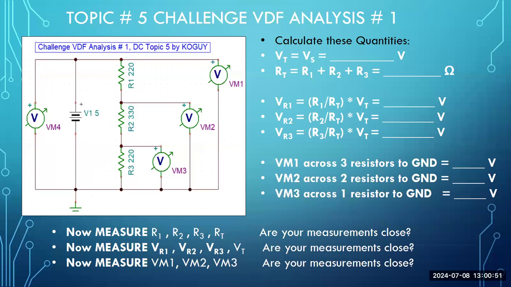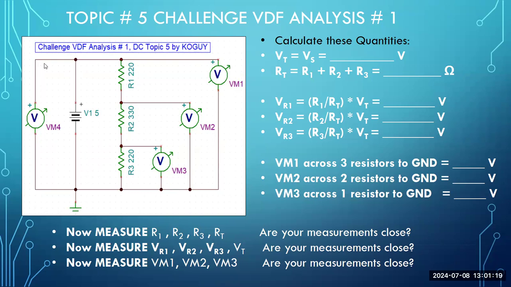As you look at this, you will see that VM1 is voltmeter number 1, and it's located on the far right of our schematic, and it shows a connection at the top of the circuit all the way down to the other end of the voltmeter to the bottom of the circuit. So voltmeter number 1 is measuring exactly the same thing as voltmeter number 4.